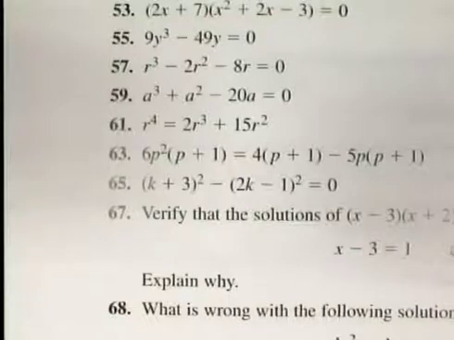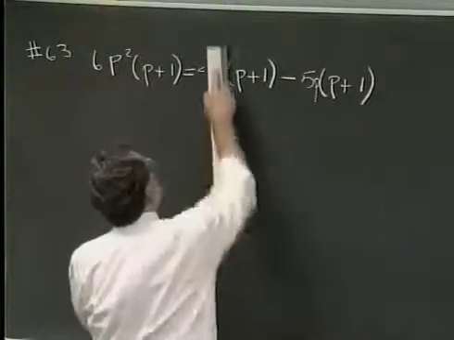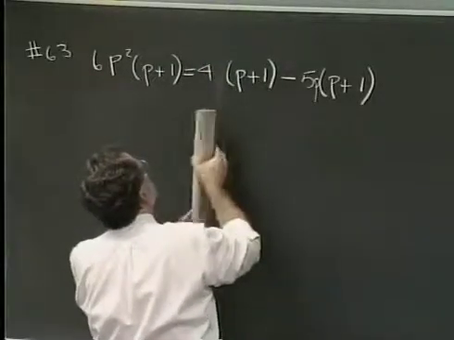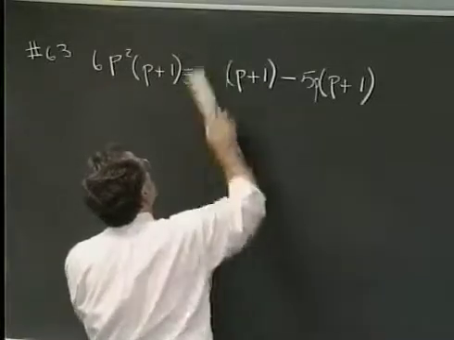And then I'm going to have minus 5p times p plus 1, and I left out a letter. I didn't want that in every term, and now I've managed to mess that up. What are we going to do there to try to salvage that? Make it look neat.